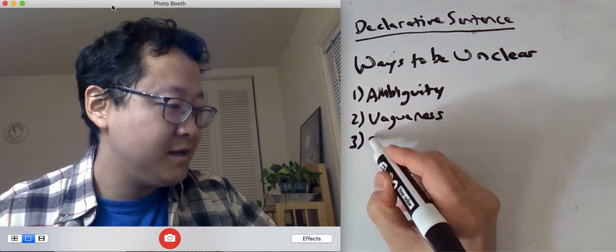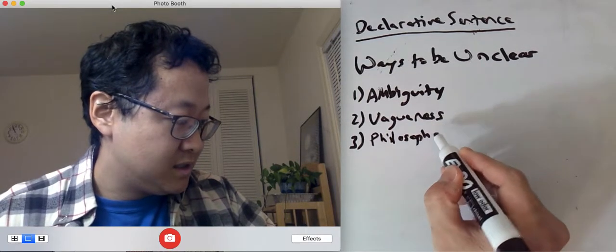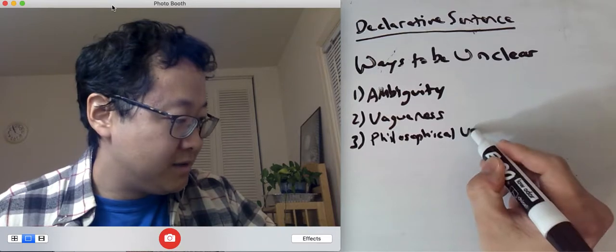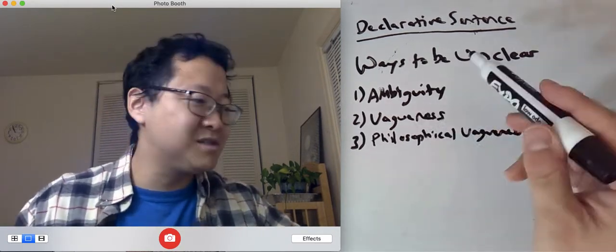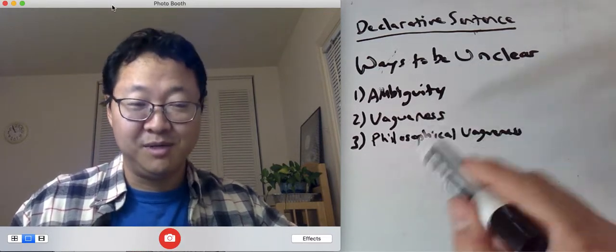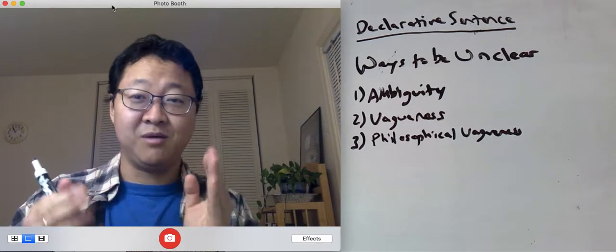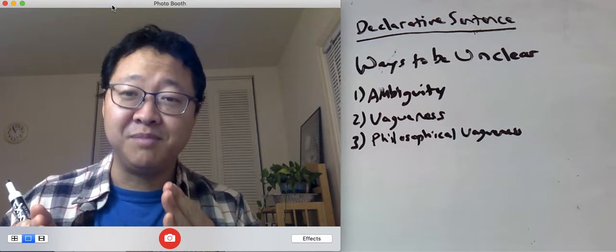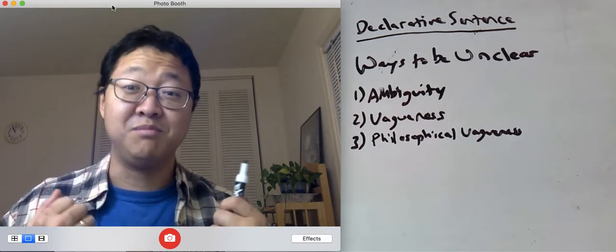Okay, 3, there's what's called philosophical vagueness. Now, this one was a little bit different, and it's less of a source of unclarity than the other things we'll mention. When we talk about philosophical vagueness, we're talking about words that don't clearly apply in borderline cases. The example I used was the word bald.